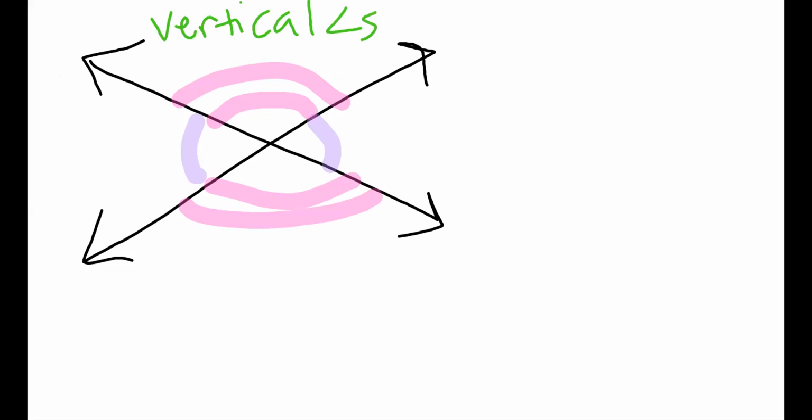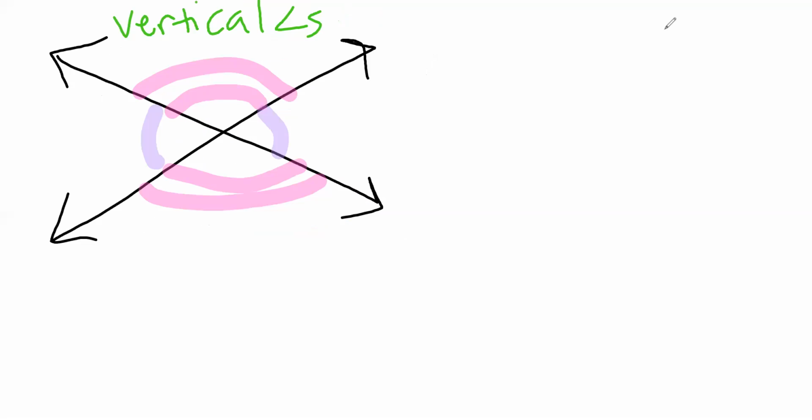So I'm just going to write that down really quickly. The idea here is that vertical angles are congruent. The idea of congruent is just that the measurements are equal.